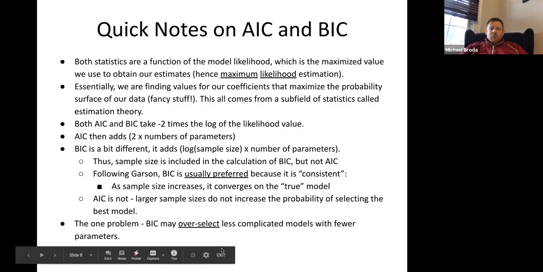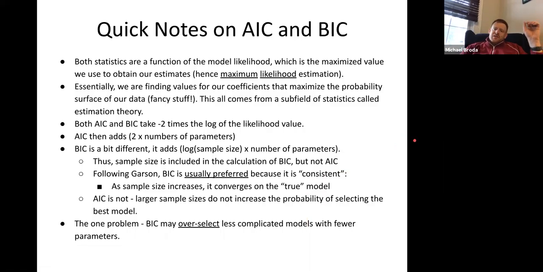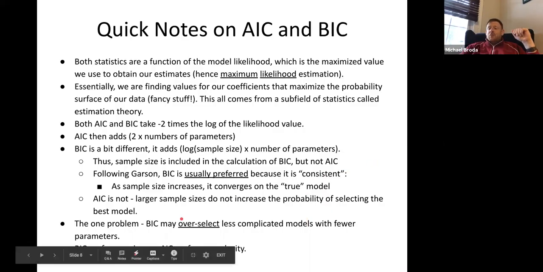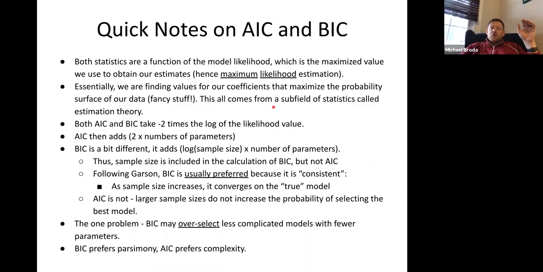So here's the problem. BIC may actually over-select less complicated models with fewer parameters. In other words, BIC imposes a pretty stiff penalty for making complicated models. So things like random slopes and additional predictors are harder to be found to be significant when you look at BIC. One way to think about that is BIC prefers what is called parsimony or simplicity.